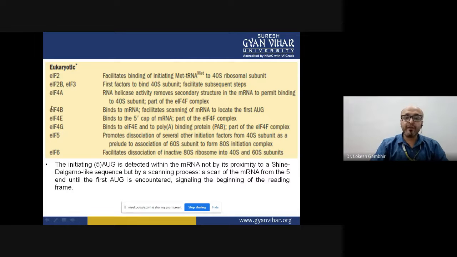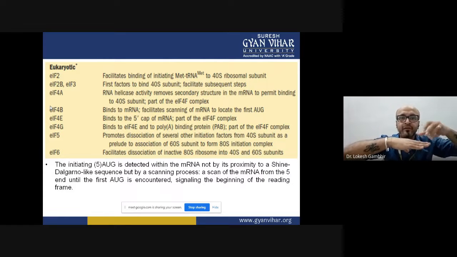Then we have IF4B, 4E, and 4G. Now this 4B, what does it do? Once the small ribosome subunit has bound to the mRNA, it has to scan the mRNA in order to reach the start codon from where the protein synthesis will start.